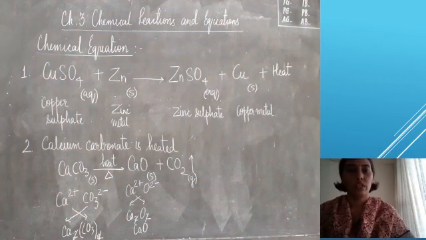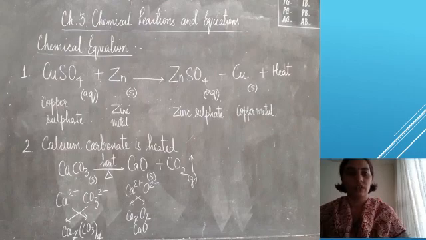We will continue with the same equation that we were doing in the previous slide, that is, copper sulfate and zinc. Here we have tried to write down more information about this equation. We have tried to make this equation more informative. How can we make an equation more informative? We have the reactants here, and we have written copper sulfate, and below it in a small bracket we have written aq, that stands for aqueous.